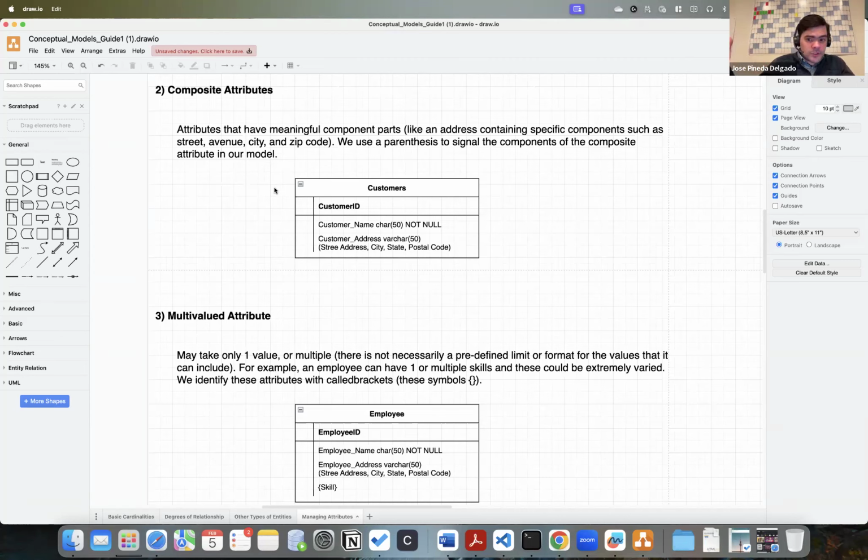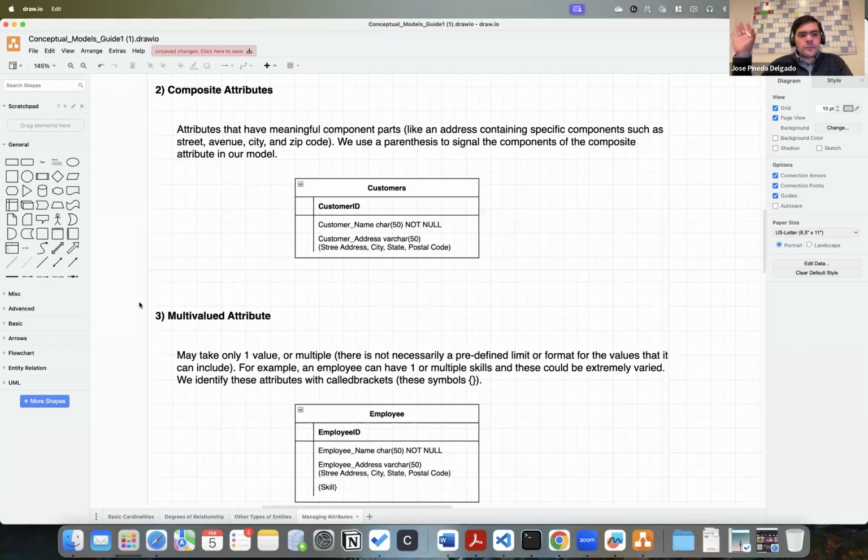Yes, there's more than one piece of data for every single attribute, but they are predefined. For example, if we have an address, we could set up the address attribute as being composed of 5 different things, and you will always have those 5 things. Those could be a street name, avenue, zip code, city, and state, just to provide some examples. There are more than one piece of data, but they're always the same elements. So they're predictable.